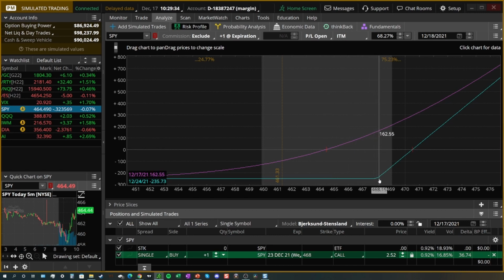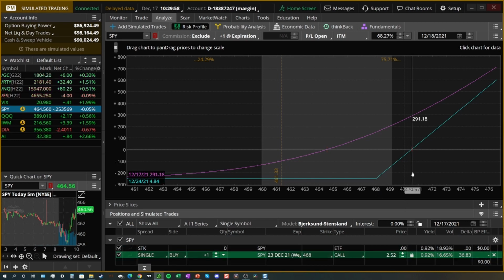So 468, boom, at expiration is what you can expect. Above that is where your option starts to have value. And remember, the break even is your strike, 468, plus your premium.